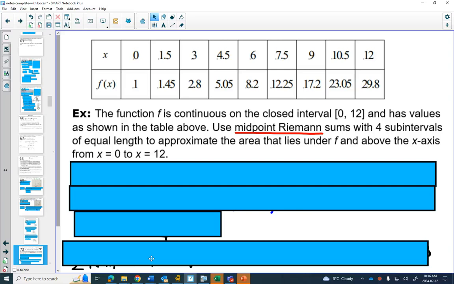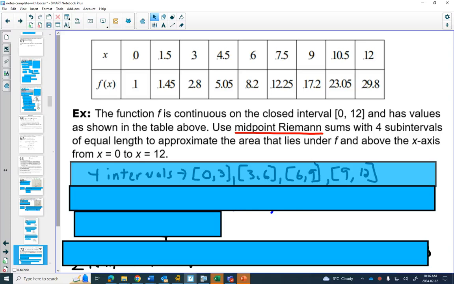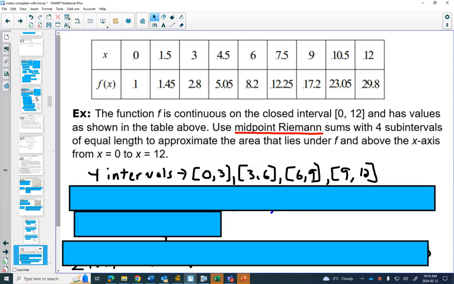Yeah, awesome. And then those would be our 4 subintervals if we're using our midpoints. Right, the midpoint of this one's 1.5, 4.5, 7.5, 10.5.